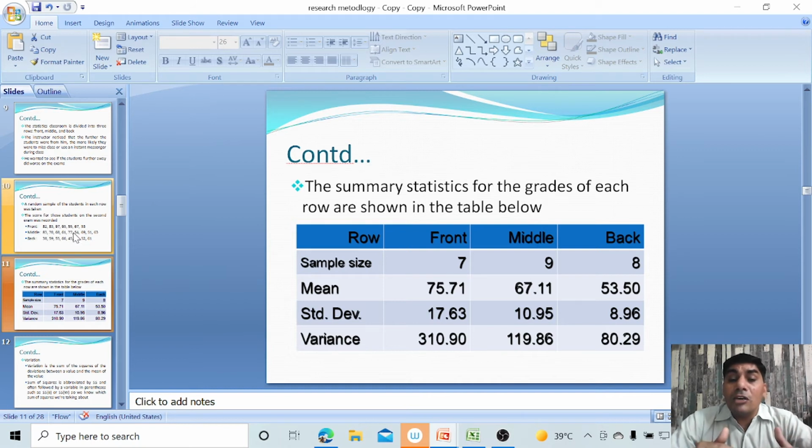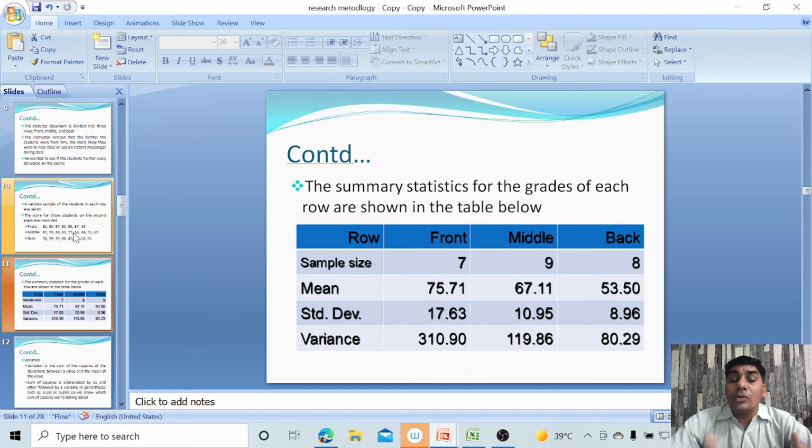We have to find first the mean of the first row, adding the observations and dividing by 7. So we get the result 75.71, and the mean of the second row is 67.11. Mean of the back row is 53.50. Likewise, we have to find the variance and standard deviation.